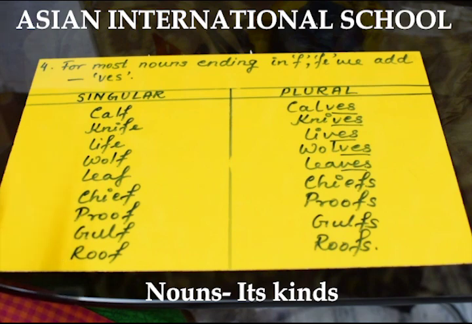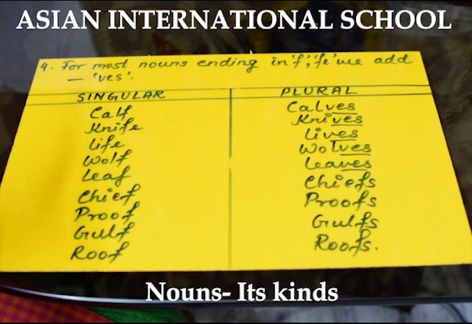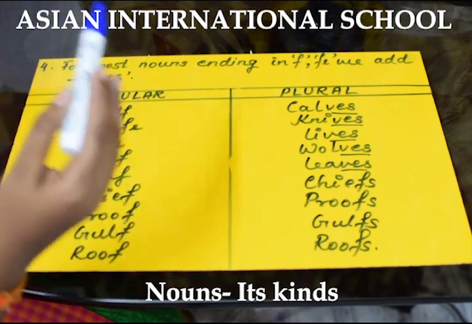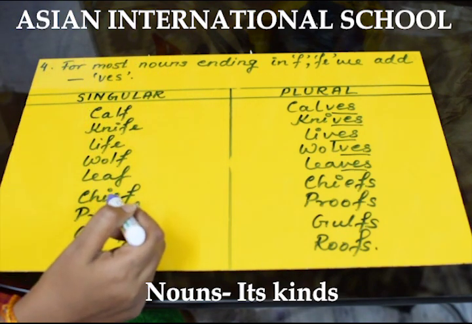However, some words ending in f form their plural in the normal way. That means we do not add ves. Instead of adding ves, we add an s to the word. For example, chief.